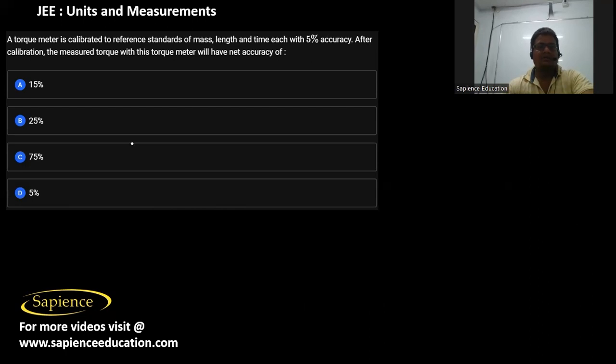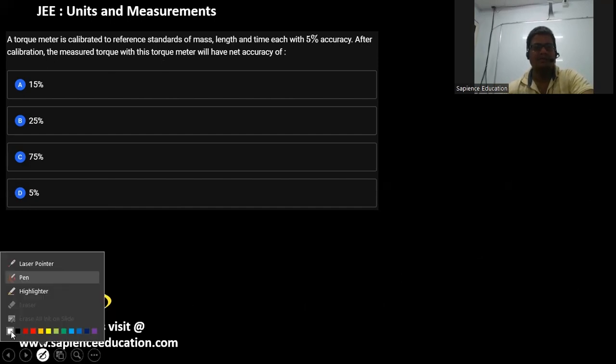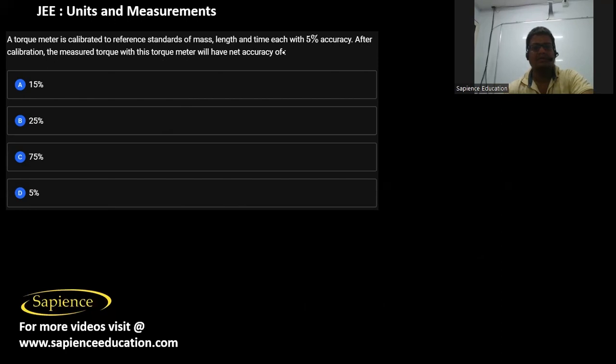Then here it is told a torque meter is calibrated to reference standards of mass, length and time, each with 5% accuracy.